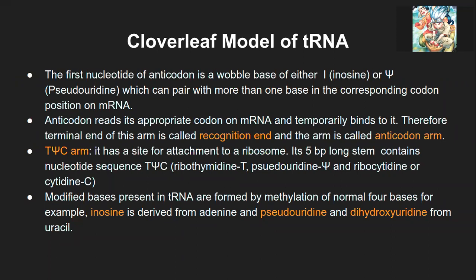But how can two pyrimidines or two purines form a hydrogen bond? Because it's not oriented the same way, so they don't have electronegative atoms and hydrogen in the right places.